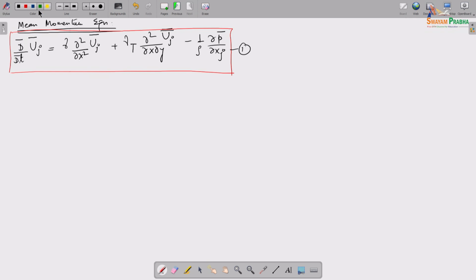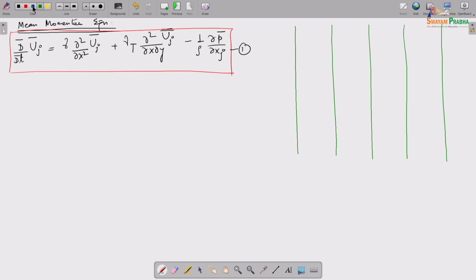So say my grid is something like this. And then I'm going to say this is 0.